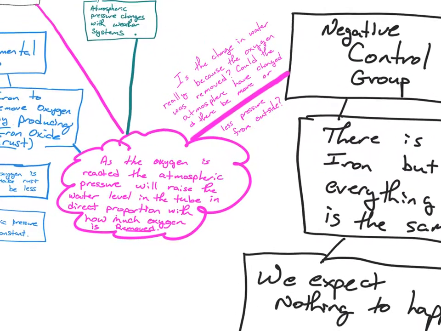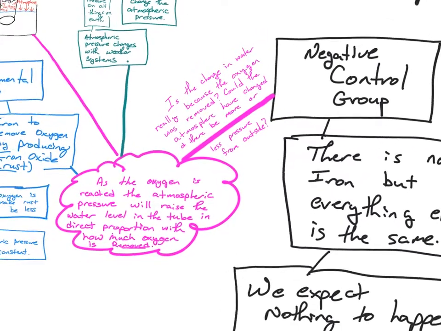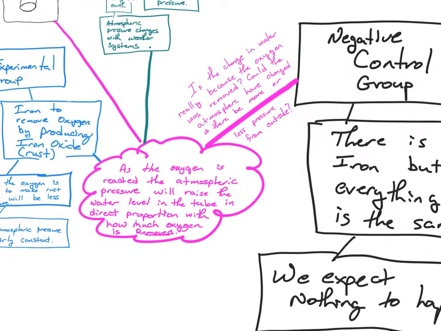So let's take a look. This is our reasoning, based on the background, the experimental design, the experimental group, and the negative control group.